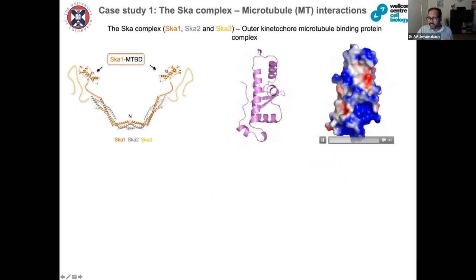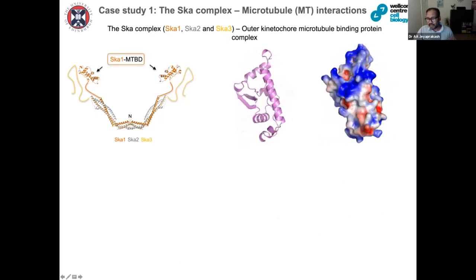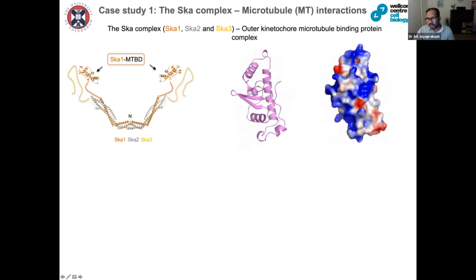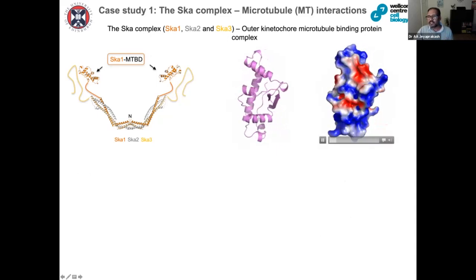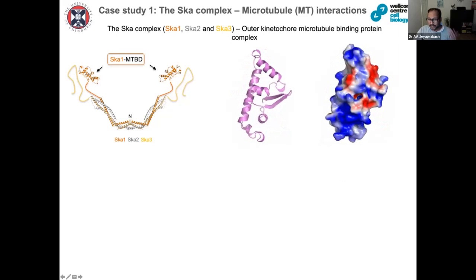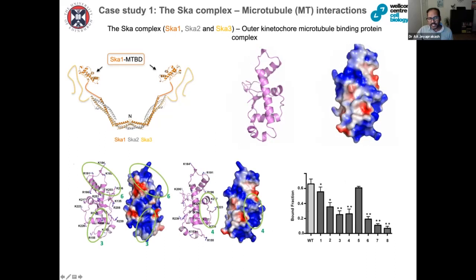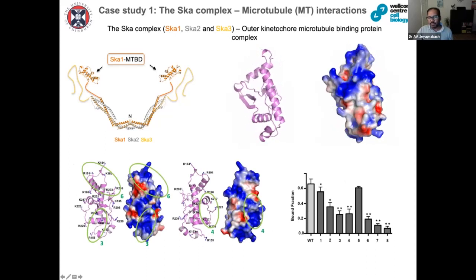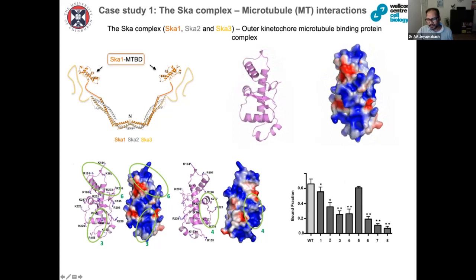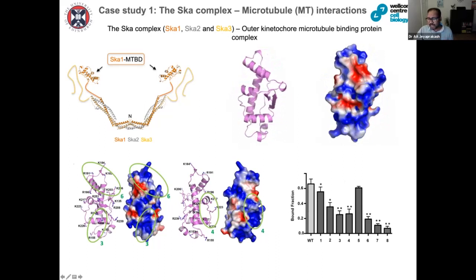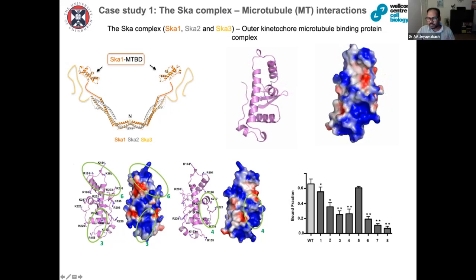So this led us to think that the SCAR complex, instead of using a single high affinity binding site, possibly uses multiple weak interaction sites to bind microtubules. Consistent with this hypothesis, when we mutated various lysine and arginine clusters of the SCAR1 microtubule binding domain, they showed reduced microtubule binding in vitro. So that established that SCAR uses multiple sites for microtubule binding.